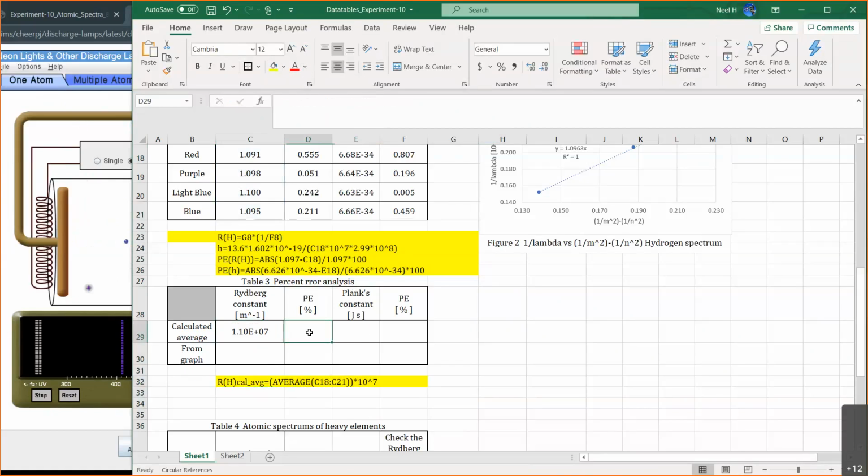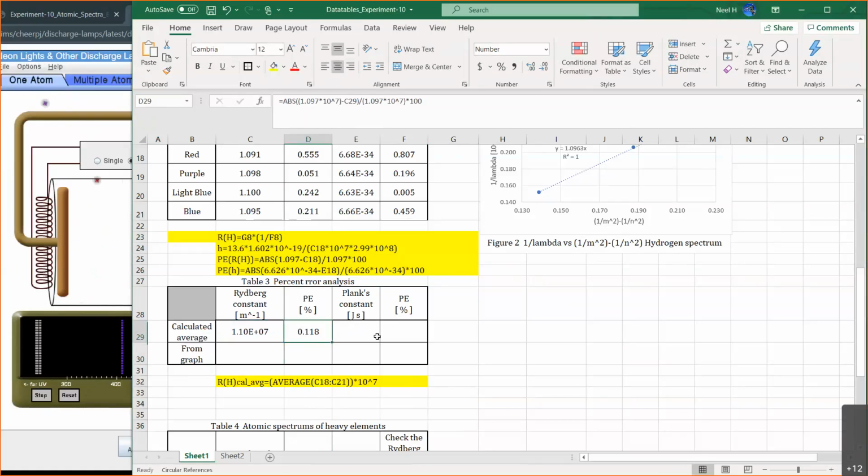Let's compare the calculated average with the expected value again. Equal sign, ABS, parentheses, expected value 1.097 times 10 to the power positive 7. You can just type everything right here: 1.097 times 10 to the power positive 7 minus the calculated average in C29, divide by 1.097 times 10 to the power 7, times 100.